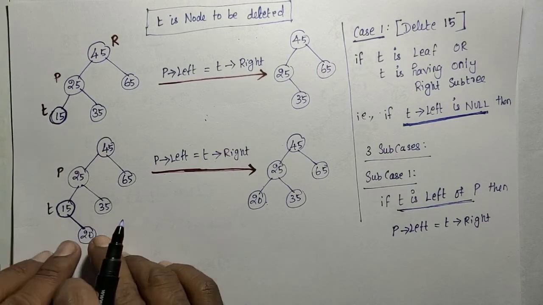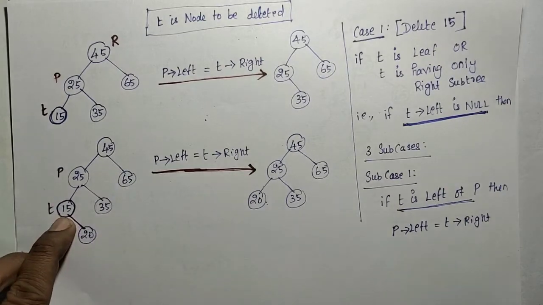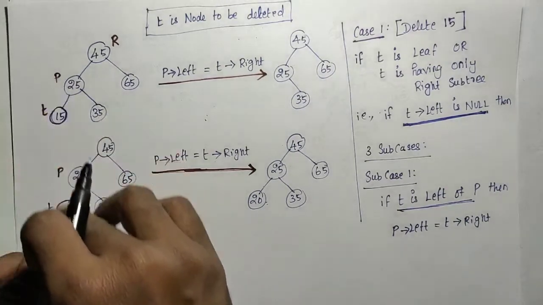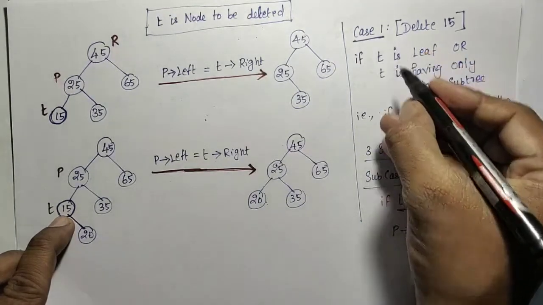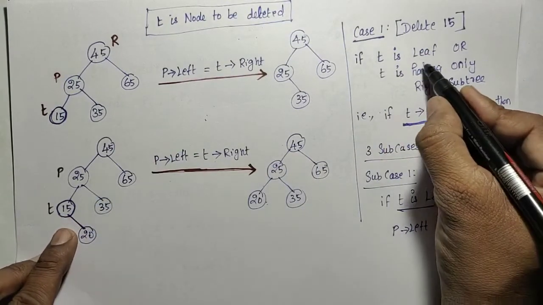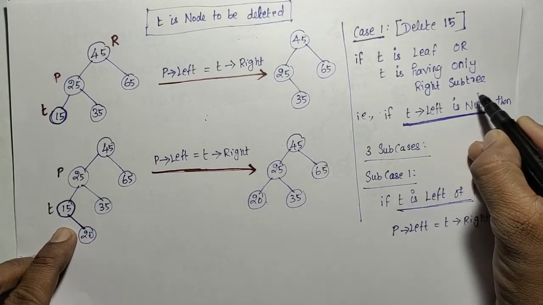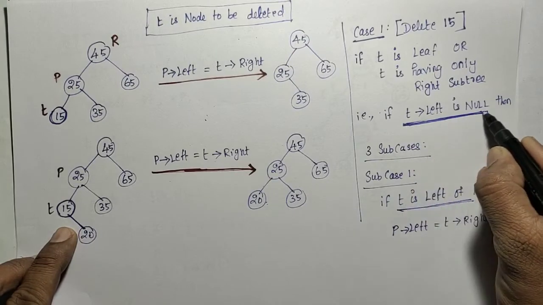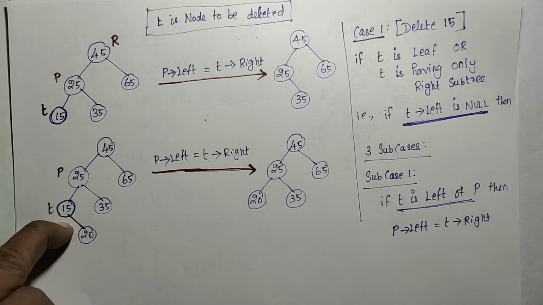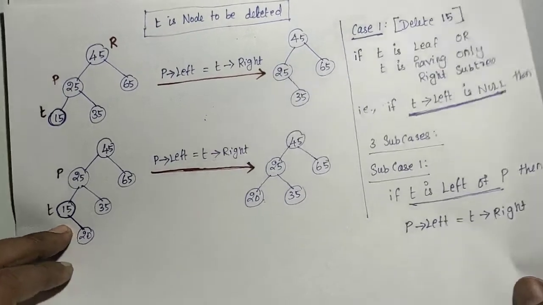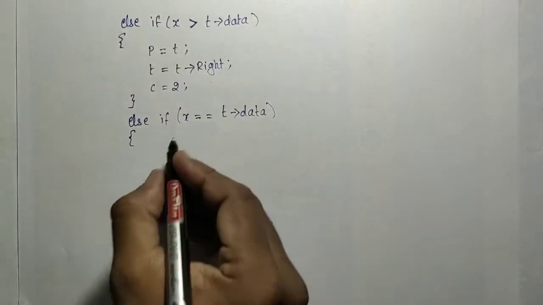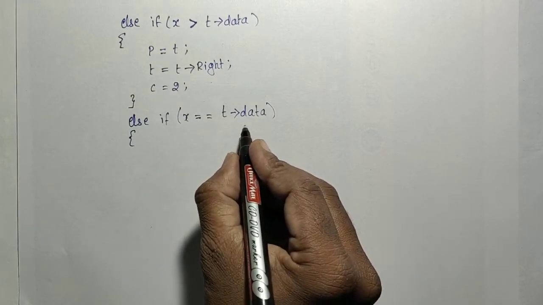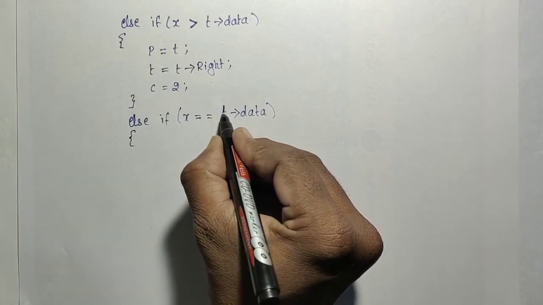In this case, if you want to delete that t, again there are 3 subcases in case 1 itself. Case 1 is t is a leaf or it is having only the right subtree, that is t of left equal to null. So what is the code I have to write here? Else x equal to t of data, I need to check the t status.